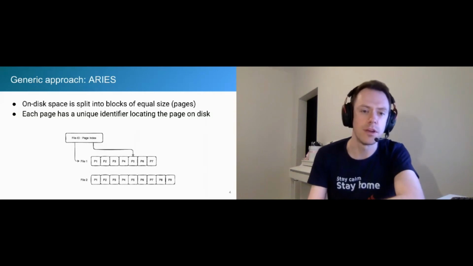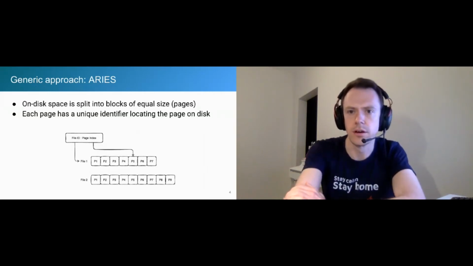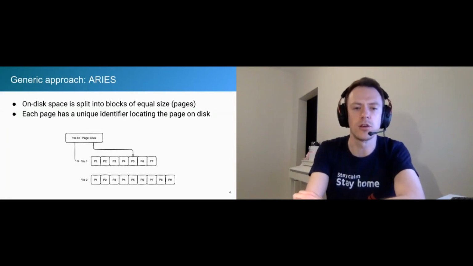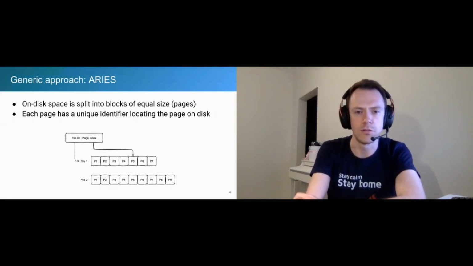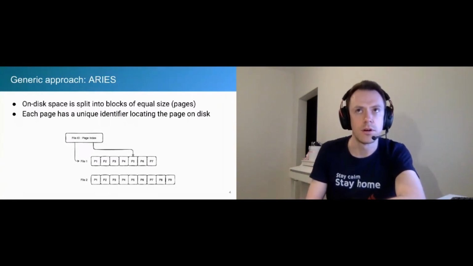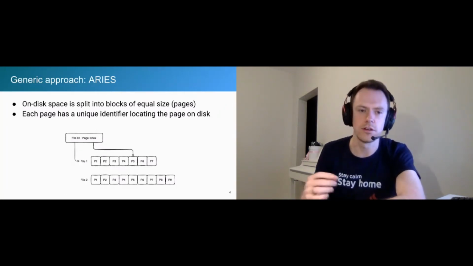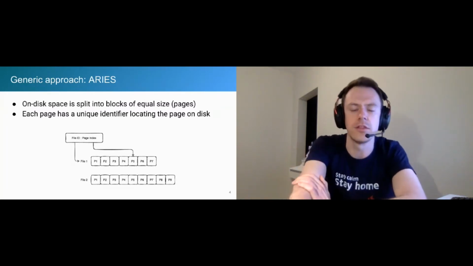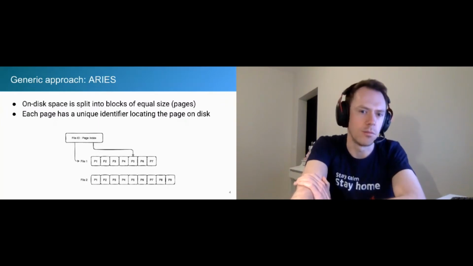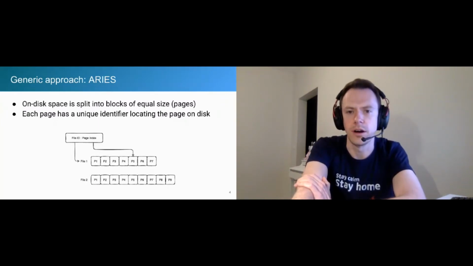Given that the pages are of equal size, given the page index, we can immediately calculate the offset of this page in the file. There are more complex approaches, for example, having a relocation table in each file, which translates logical IDs to physical offsets. But again, this is not something that is particularly mandated by the architecture.